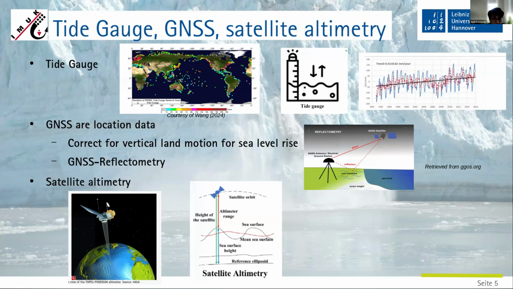It is a relative measurement of sea level, meaning it refers to the Earth's crust. And tide gauge is influenced by vertical land motion, meaning the movement of the Earth's crust near the tide gauge. The tide gauge is mounted on a fixed structure above water.